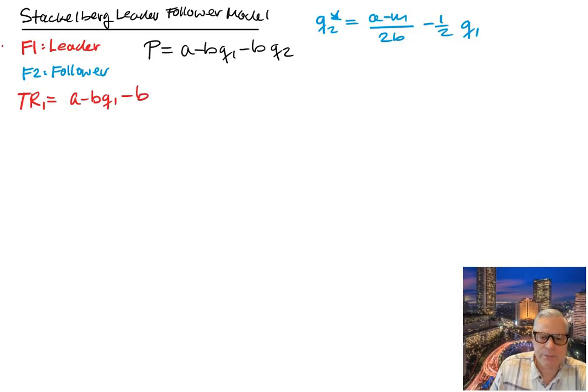So now this is where we need to incorporate the leader advantage. The leader now knows that Q2 is the response to Q1. So what the leader does is it incorporates the response function as part of the total revenue function.